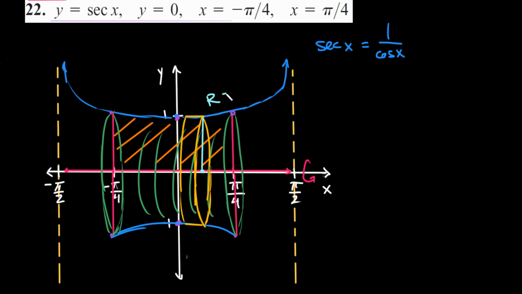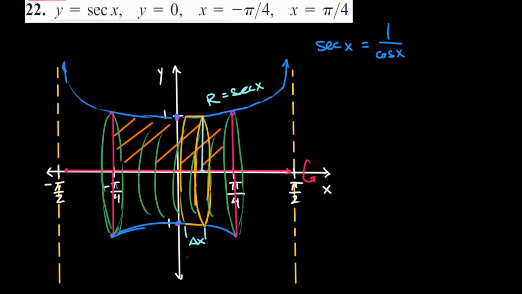That radius is actually changing, and it's a function of x. It depends on where you are along the x-axis. So the radius is actually the secant of x. Also worth noting that the thickness of the disk here will be given by some delta x. So you'd pick a starting point for your disk along the x-axis and an ending point, and you can just abstract that away as some delta x.